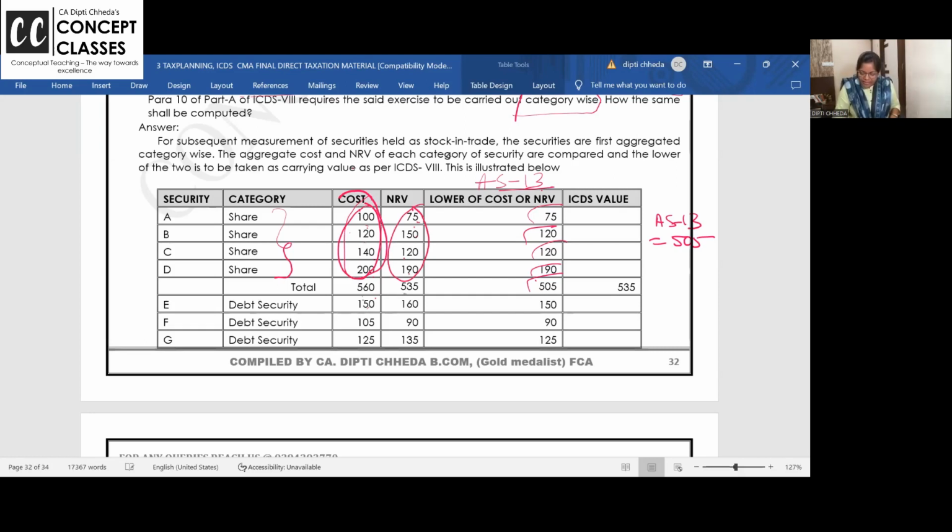Now, whichever is lower, so 535. Is it clear or not? But I know, in the exam they'll end the question here. This is the answer, printed with all the presentation and everything.